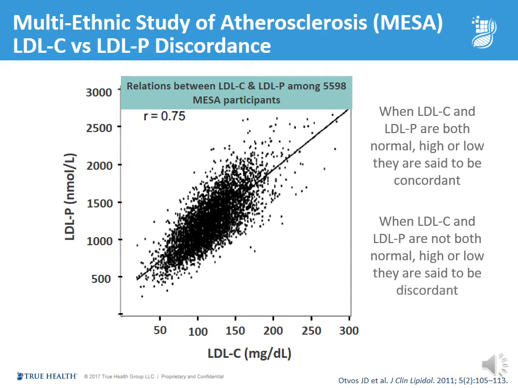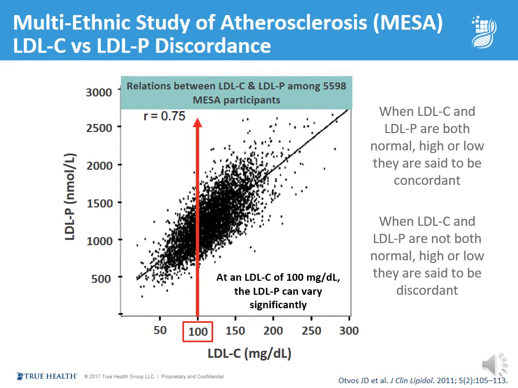When LDL cholesterol and LDL particle counts are not both normal, both high, or both low, they are said to be discordant. For example, let's take an LDL cholesterol level of 100. That's the 20th percentile cut point, and that's usually considered, except for super high-risk persons, a desirable LDL cholesterol level.